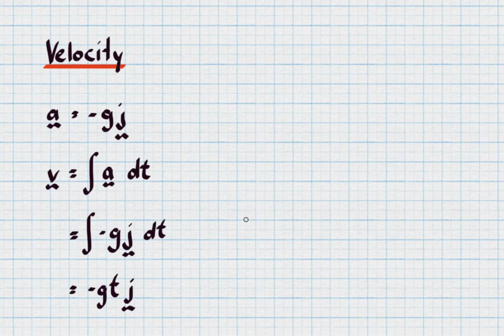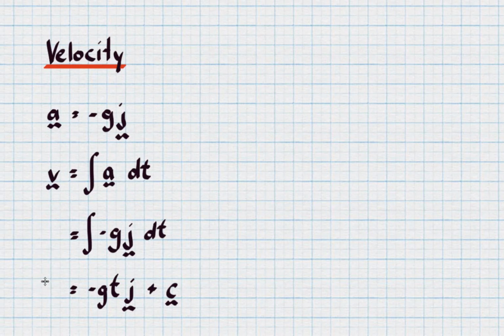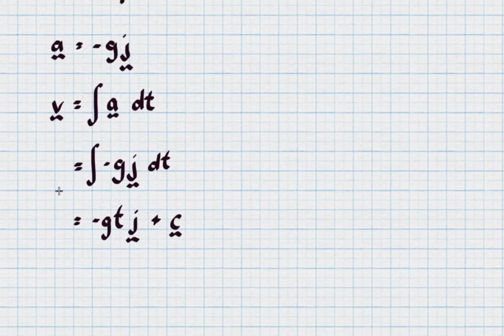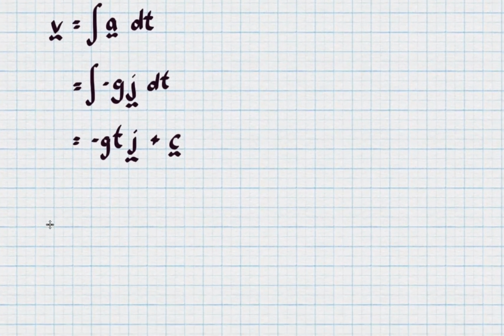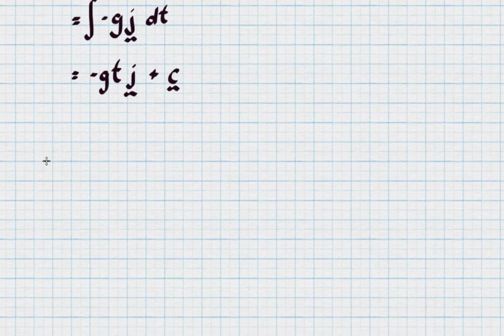plus we have some constant. In this context, we need to consider it with vector notation. But just like we've done before with integration, when we're talking about an indefinite integral, as we are here, we want to work out what this constant is.